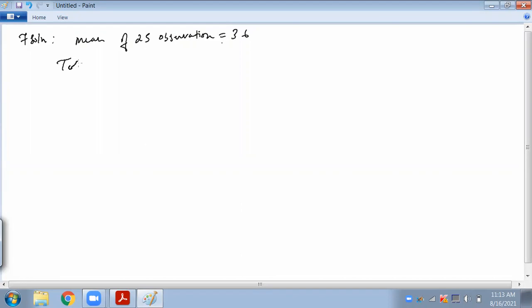So we can find the total of 25 observations, equal to 25 into 36. 25 into 36 is 900. So write that.